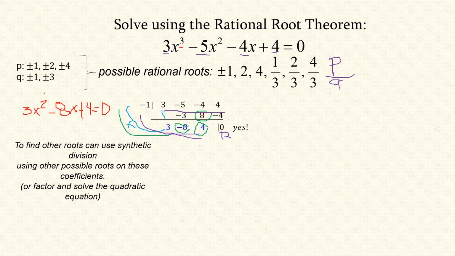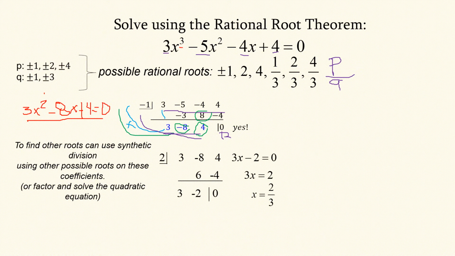Then kapag sinulat natin ito as synthetic division, magiging ganito na siya. Then ginamit ay yung positive 2 na rational roots natin. So ito. Then after that, magiging ganito siya. I-bring down natin yung ating first na number, which is 3. Then multiply natin siya, magiging 6.